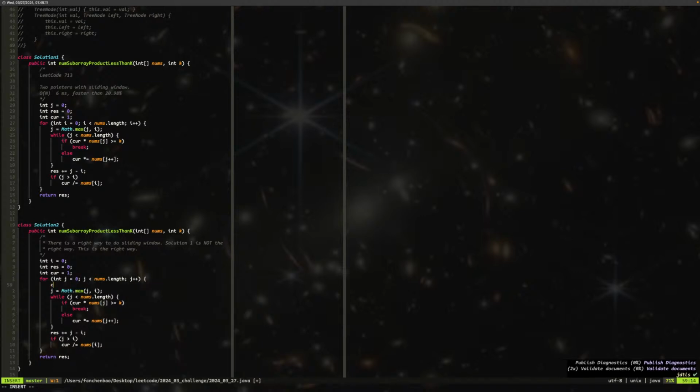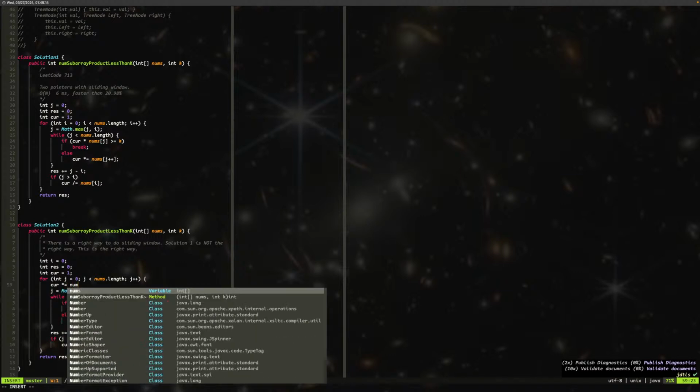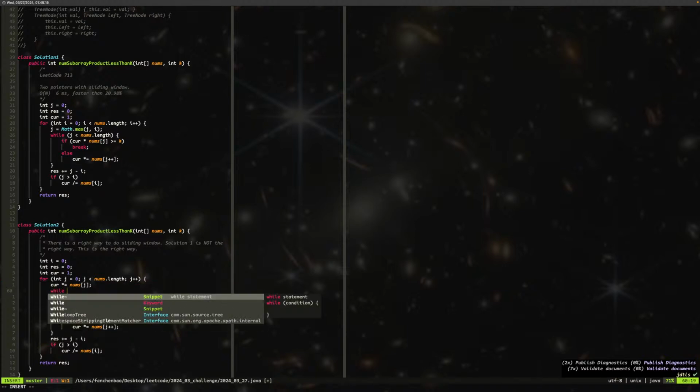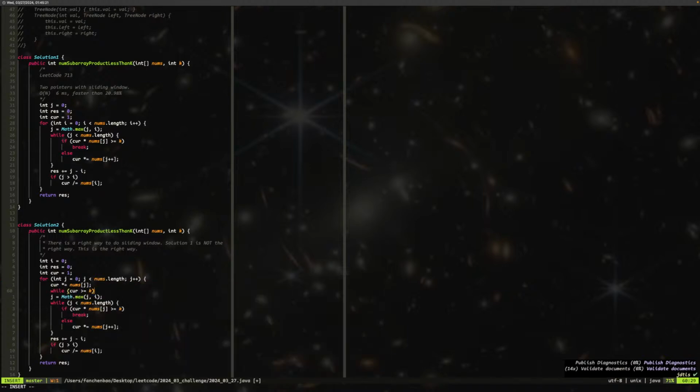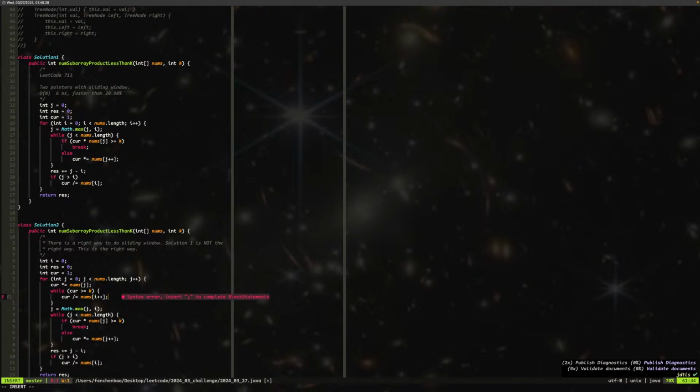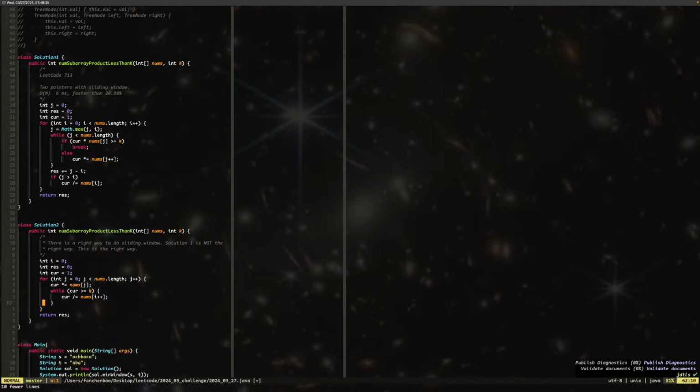And then each time current times equal to nums, not plus equal, multiply, right? And I say while current is larger or equal to k, current divided equal to nums I plus plus. And now when it's done, it's guaranteed that current is within k.